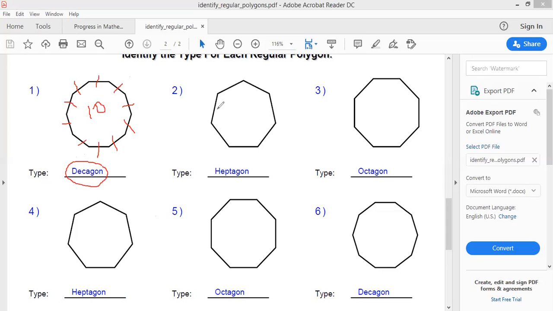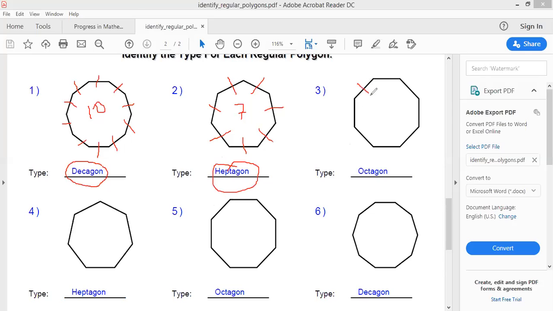Now look at figure number 2. 1, 2, 3, 4, 5, 6, and 7. 7 sides, so we call it a heptagon.